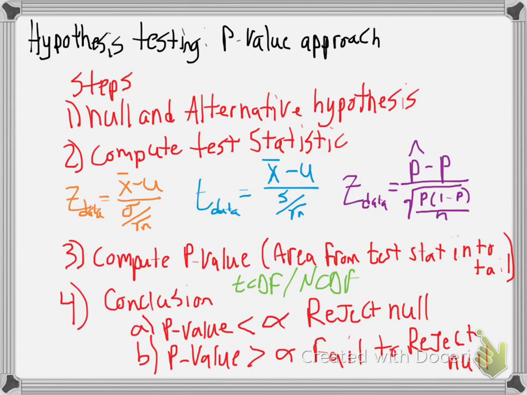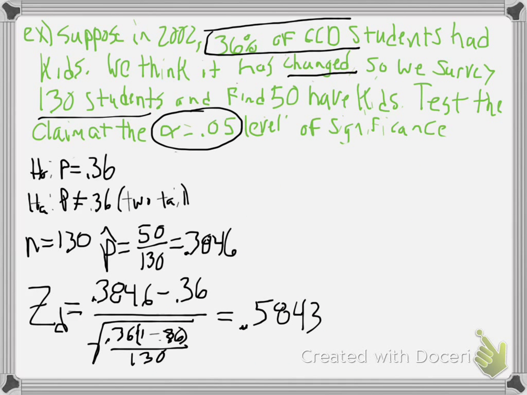I did my null and alternative, computed my test statistic using the z-data formula there, and then I compute my p-value. Since it's a z-data, I'm going to use normal CDF. And since my test stat is on the right-hand side, I am going to go to positive E99 and then multiply by 2.